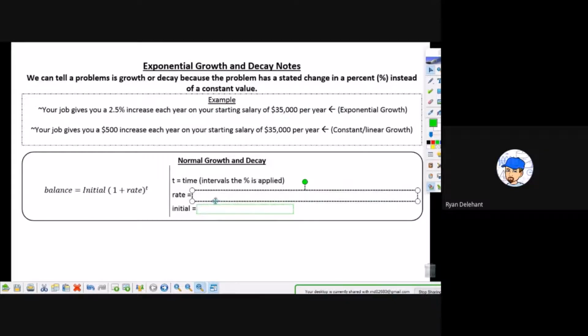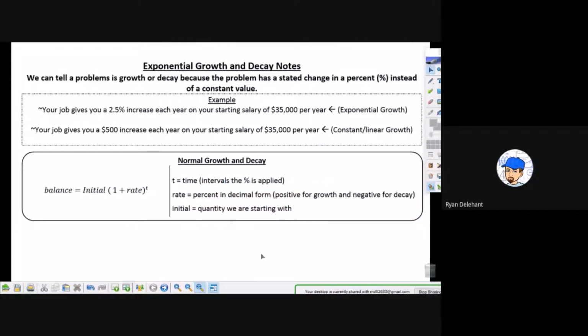We know our initial, let's use the example up here, is 35%. The initial is always what you're starting with. The time, you have to look at the intervals and how the percent is applied. The rate is the percentage. So your rate here would be 2.5%, and it's each year, so that means we'd be measuring t in years for this setup.